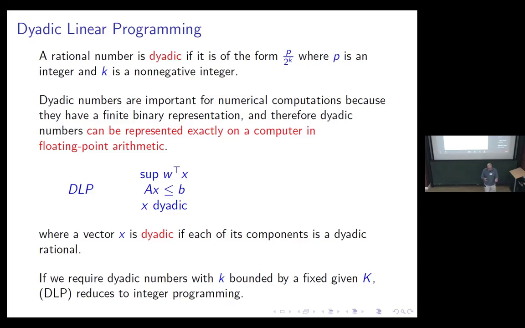Now, if we were going to require finite precision, if all the numbers are of the form p over 2 to the k, where k is bounded, then we're back to classical integer programming. But here, the twist is we are not restricting the number of digits. We're just asking that the representation be finite. We just want a finite representation in binary.